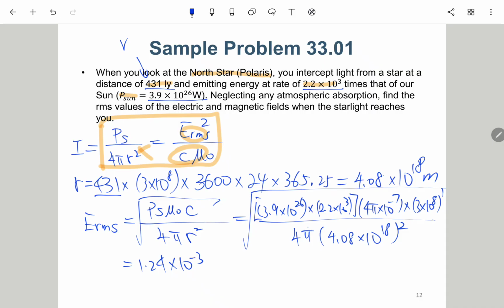Depends on what kind of SI unit you would like to use, V over M or N over C. Both are correct for the E field. And then for BRMS, it could be ERMS over C. So it will be 1.24 times 10 to the negative third over 3 times 10 to the 8th power.